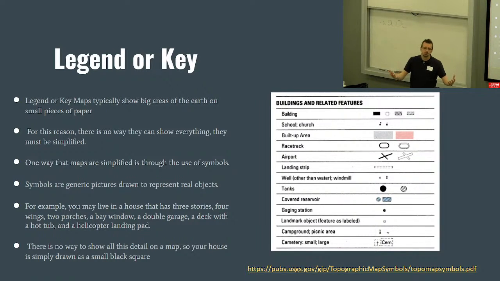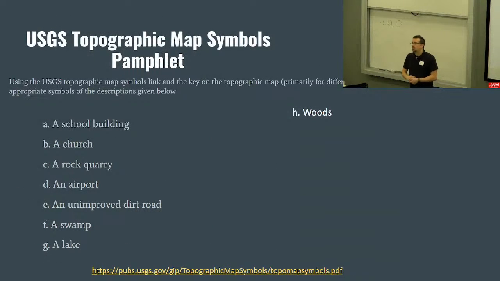What about all the other houses? There's no way to feasibly pack them all in on a map, especially when you're looking at an area like we looked at before, which was as large as Africa. There's no way that you can pull out one single house. Okay. So that is a legend. The legend shows you in graphic form the features of a map. So we did this with the USGS topographic symbols. And we had the pamphlet, and you got to see the different varieties of objects on there.